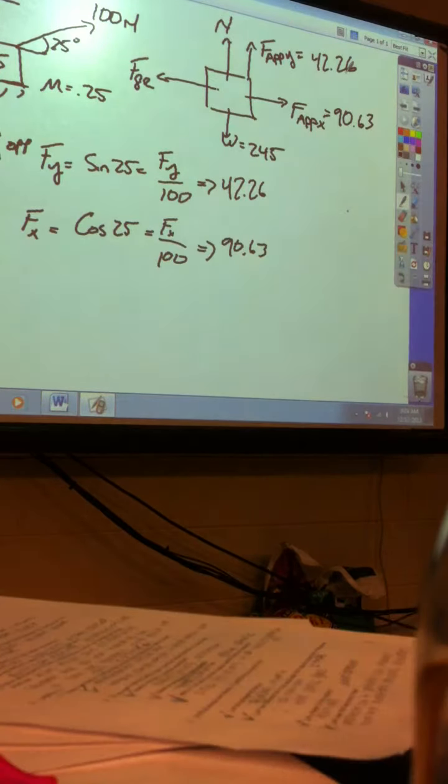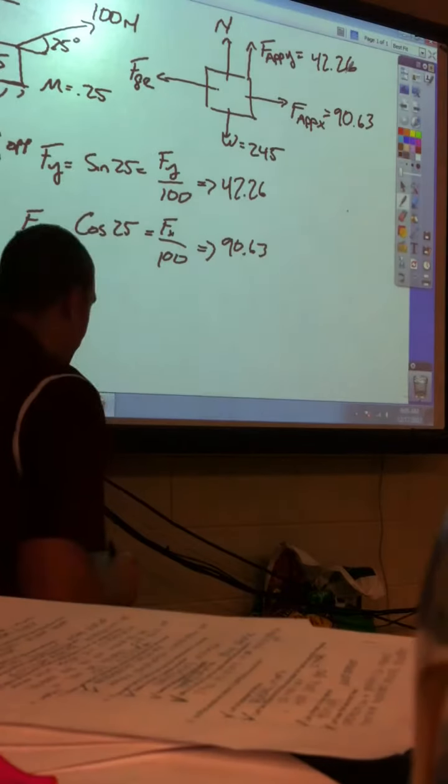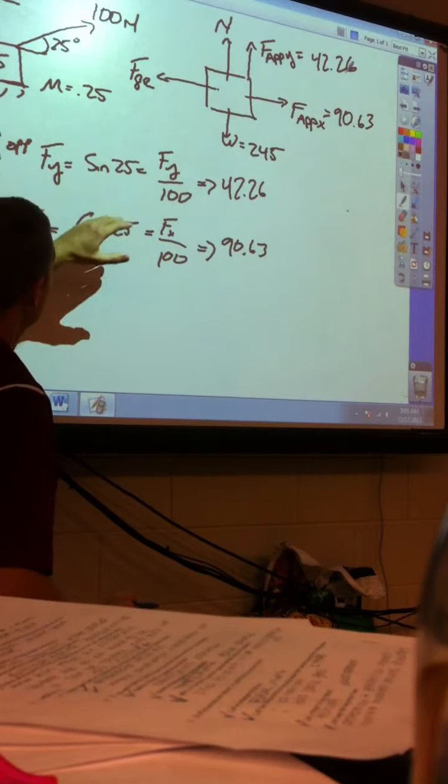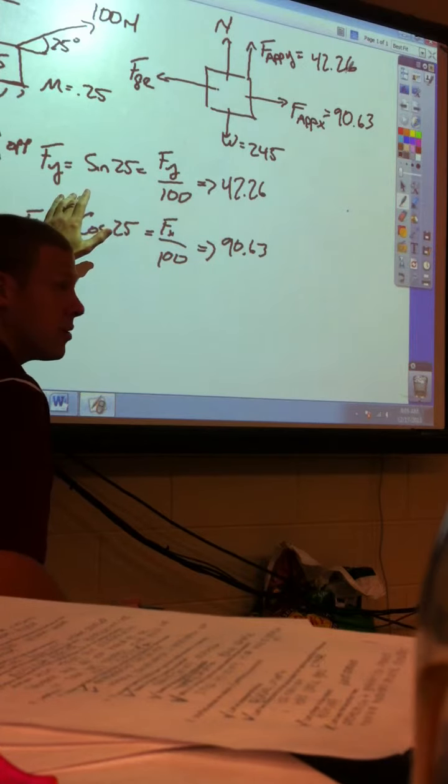Okay, now, what are we looking for? We're looking for net acceleration, right? Which direction is that going to be in? The x. So let's write down our x equation. It says what is our acceleration, right?